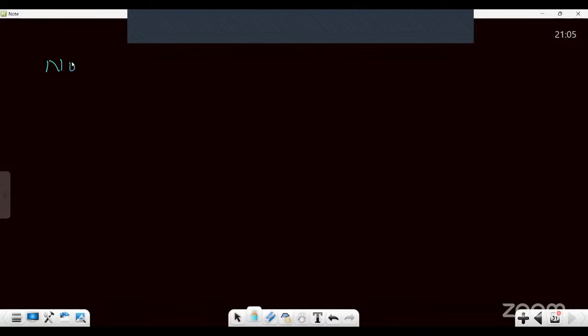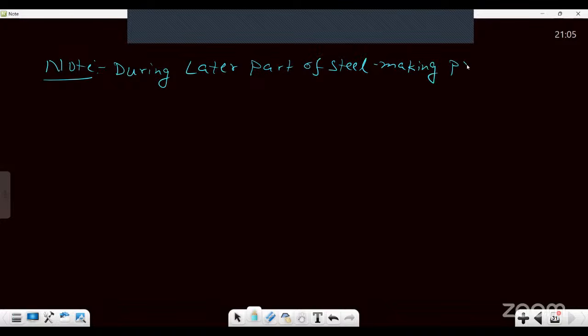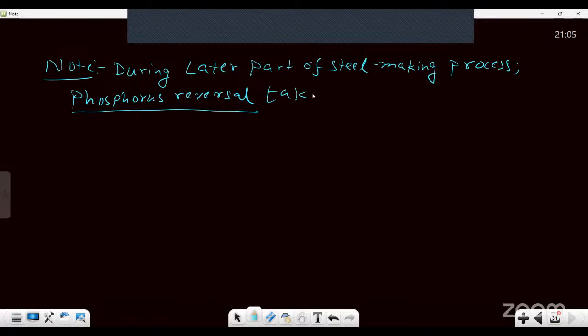So you can just write it here that during the latter part of the steel making process, phosphorus reversal takes place. So phosphorus from the slag comes back into the hot metal.